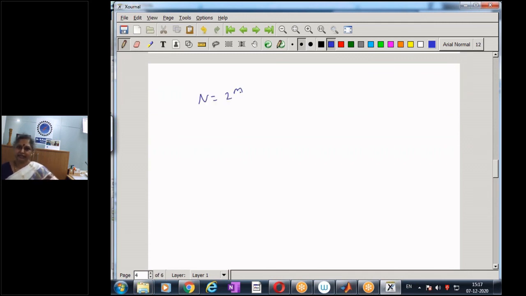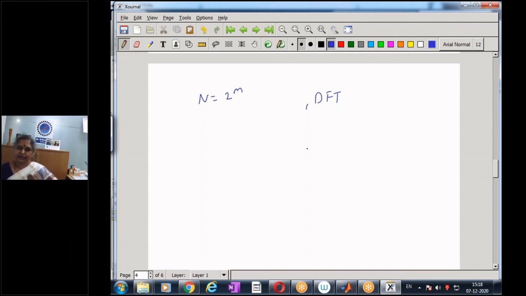The moment I have n as a power of 2, I can apply this method of computing the discrete Fourier transform, which is going to give me the result, but with a much smaller number of multiplications. That's an efficient method of computing, and it's valid only for n being a power of 2.